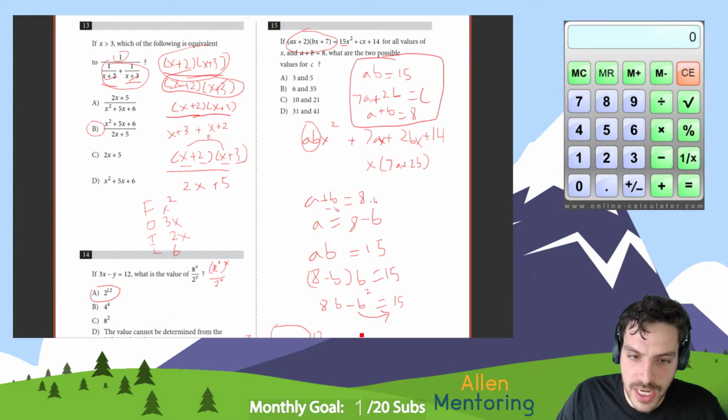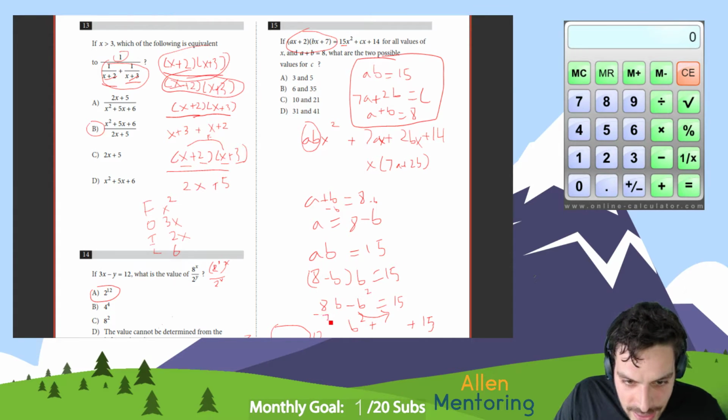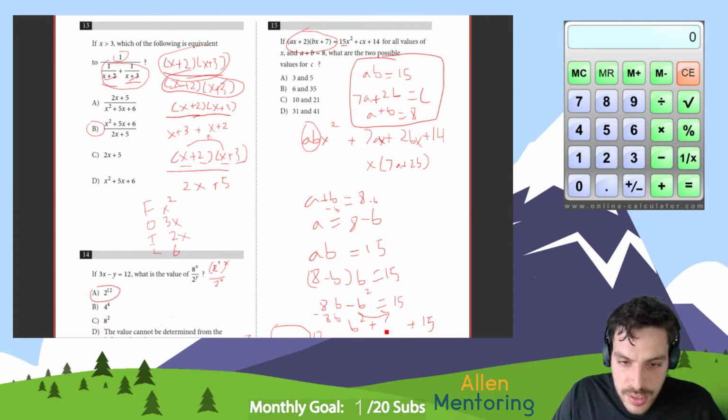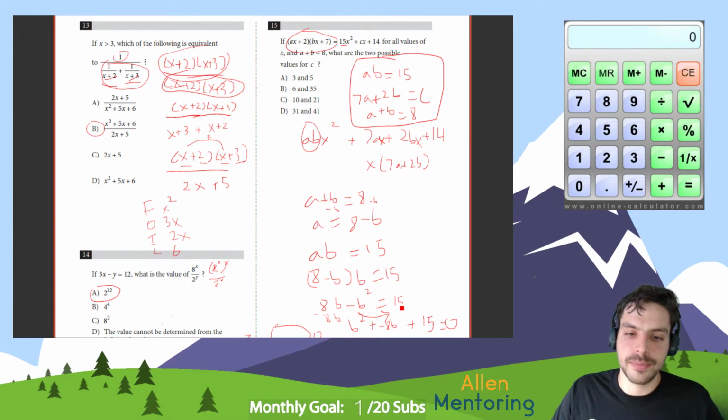I'm going to add it to both sides. So I'm going to have b squared plus 15. The 15 is going to be here. And I'm going to subtract 8b as well. So I'm going to have b squared minus 8b plus 15 is equal to 0. I literally just brought these two over to the right side here.